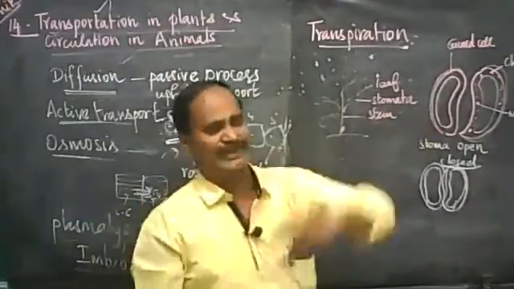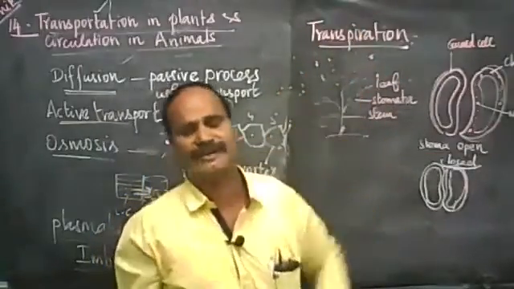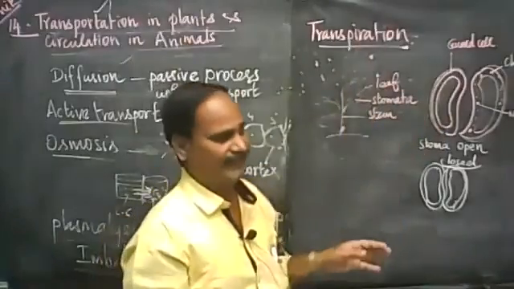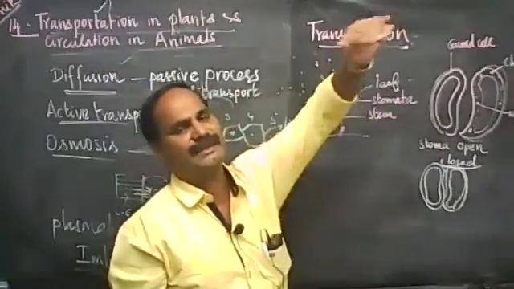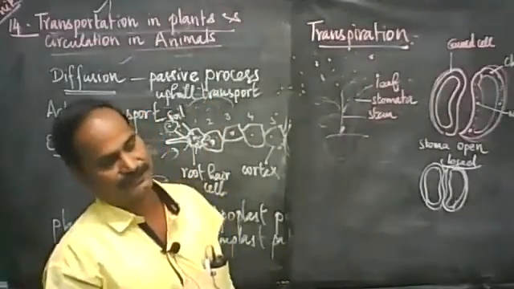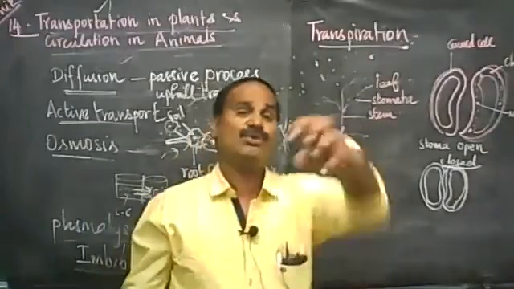So that is stomatal transpiration. Cuticular transpiration is where the leaves are surrounded by cuticle. The aerial parts, the stem, may be covered by cuticle. Through that part, the loss of water is another type of transpiration. Then what is lenticular transpiration?